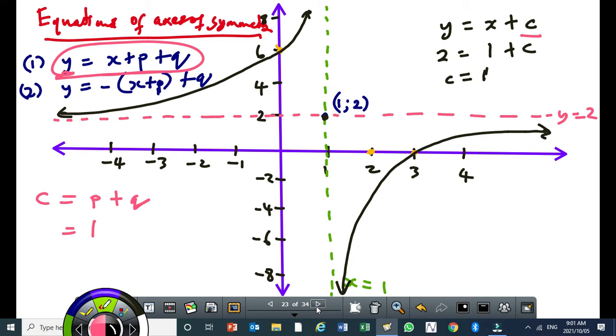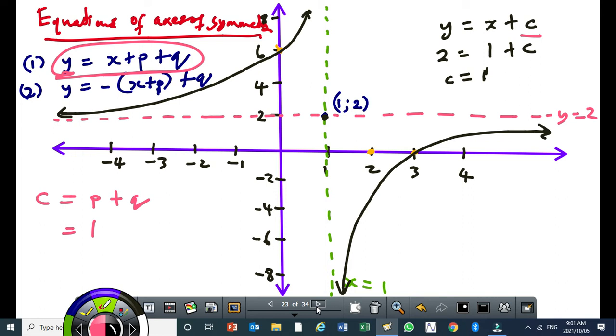So all I'm doing is substituting. Wait, let's see that I didn't make a mistake there. If I put P equal to 1, Q equal to 2, I'll get a different answer from that.